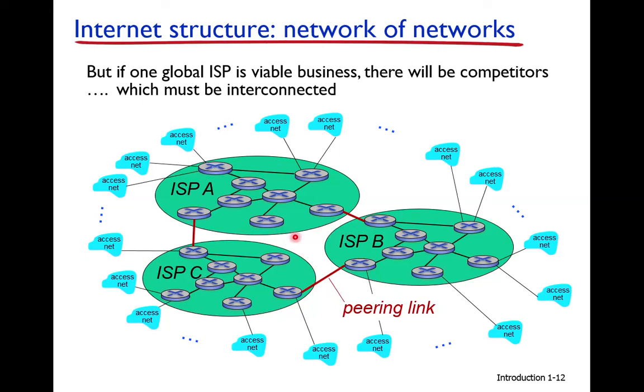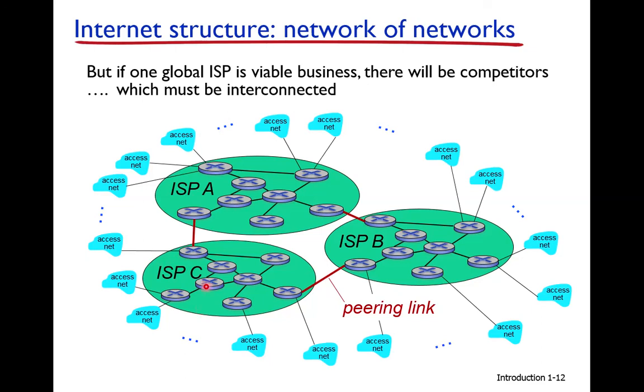And how are they connected? They are connected on an economic basis. For example, ISP A is connected to ISP C, and they have an agreement that ISP A will forward the data of ISP C to its access network. Similarly, in return, ISP C will forward the data of ISP A to its access network.